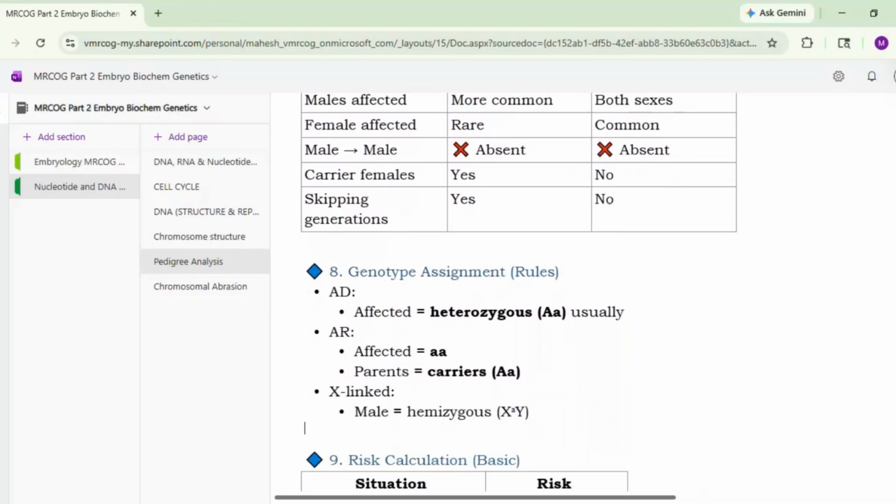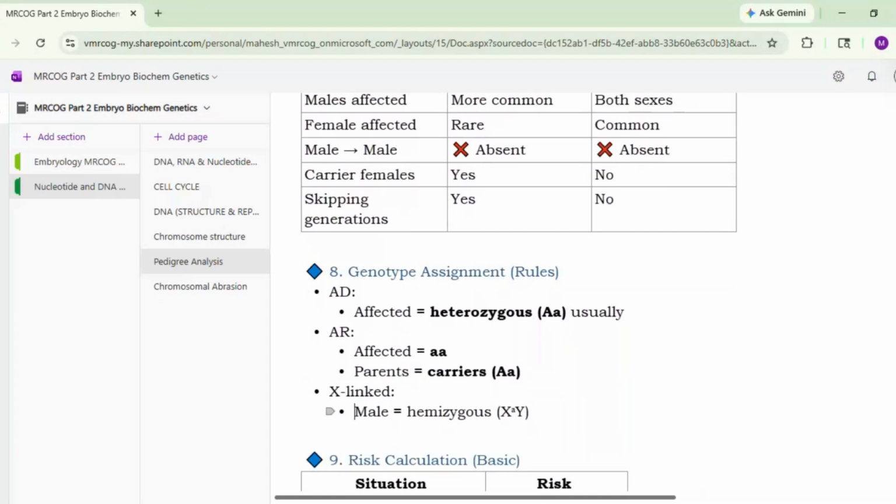When we are dealing with autosomal recessive, the affected will be shown as small a small a, because only when both alleles are present does it get expressed, while the carriers will be shown as capital A, small a. I hope you are getting this. So that is how the genotype is assigned in autosomal dominant and autosomal recessive.